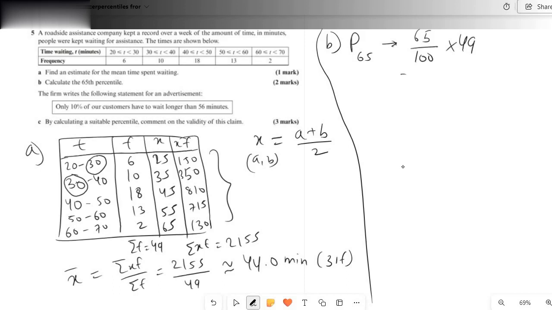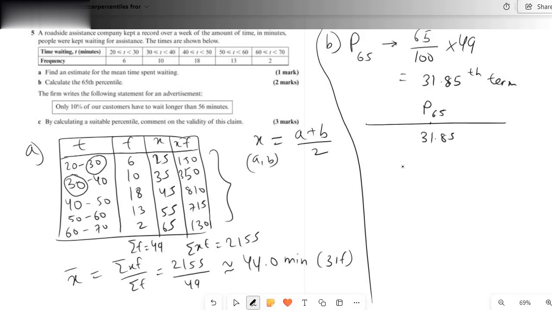So multiplying with 49 gives us a value of 31.85, meaning that the 65th percentile is the 31.85th term. So drawing a straight line just like before, we're going to place P65 here and its corresponding frequency at 31.85.